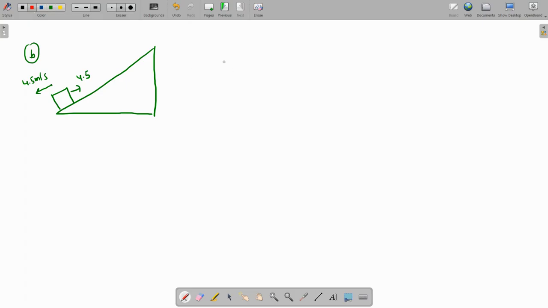So we're going to use the equation v is equal to u plus at. From here we know the value of v, which is 4.5. We know the value of u, which is minus 4.5 because the vector is opposite, plus at.